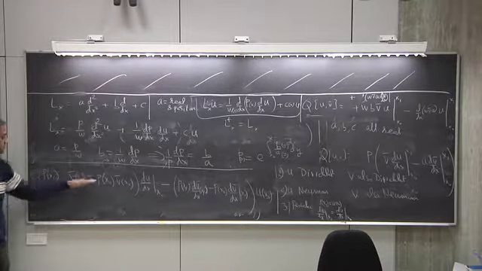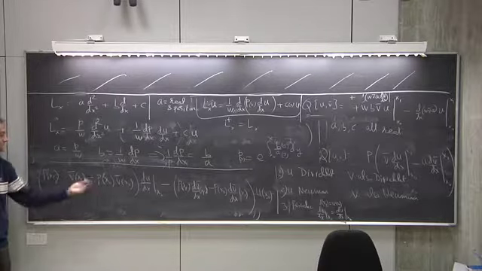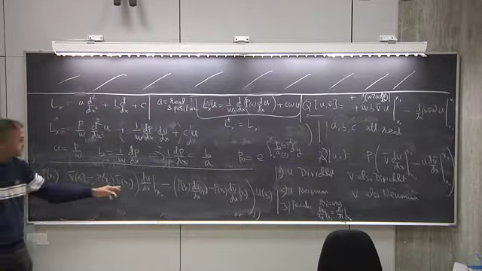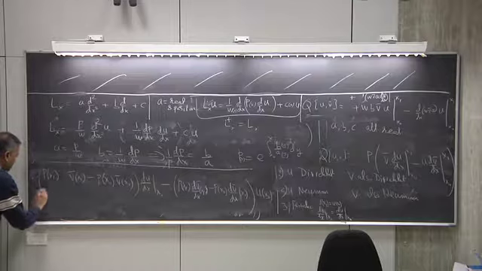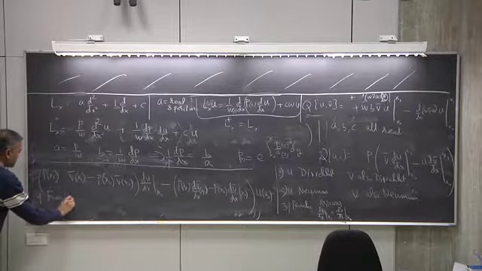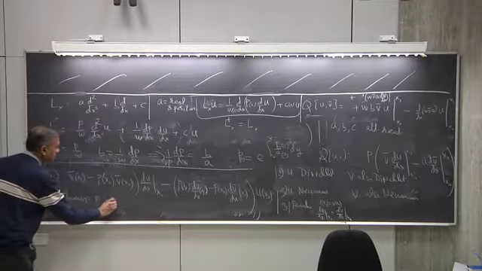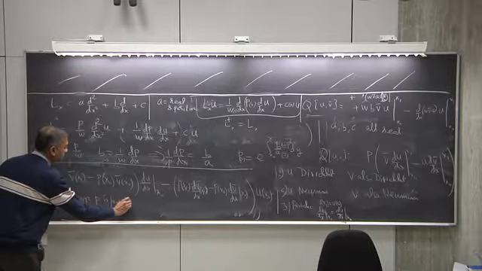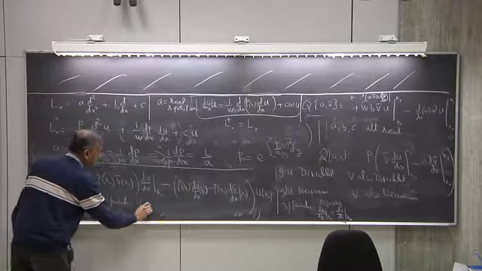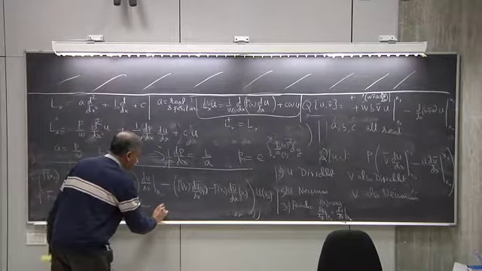So if furthermore p is periodic, then we see that these boundary conditions are self-adjoint.